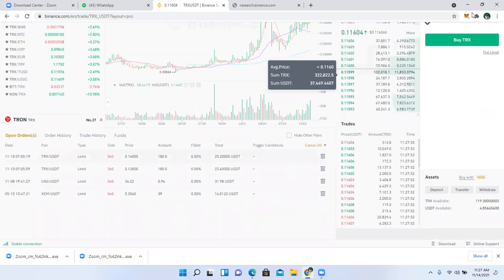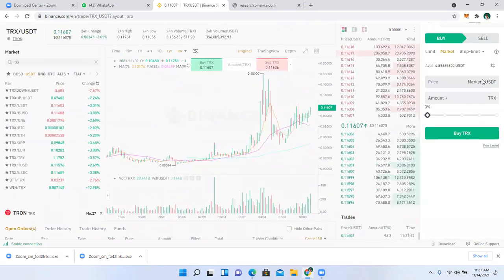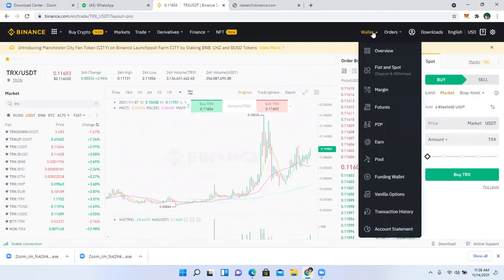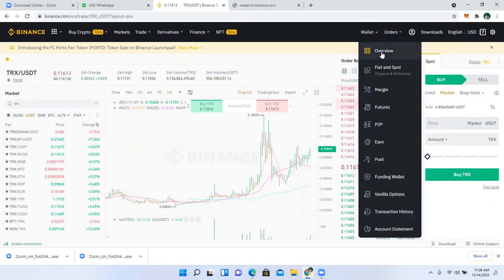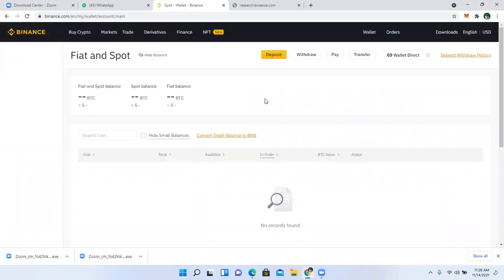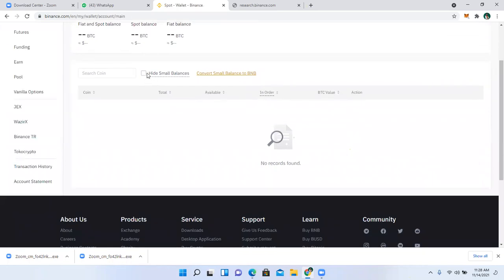It will never appear here. I will automatically have that amount of Tron in my wallet. So let me check my wallet now. You'll see that I have the amount of Tron in my wallet. Okay, so boom, I now have Tron in my wallet.